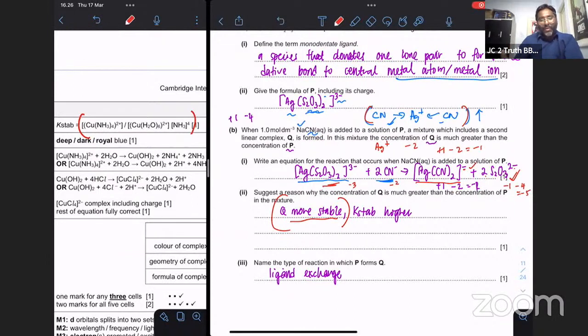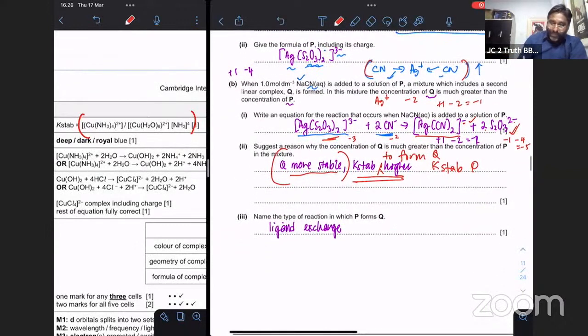Why is it more stable? Because the K stab, the stability constant, to form Q is higher than the K stab of P. If it is higher, it means the position of the equilibrium is going to the right for forming Q, in comparison to forming P. So if you include that, it will give you 1 mark.